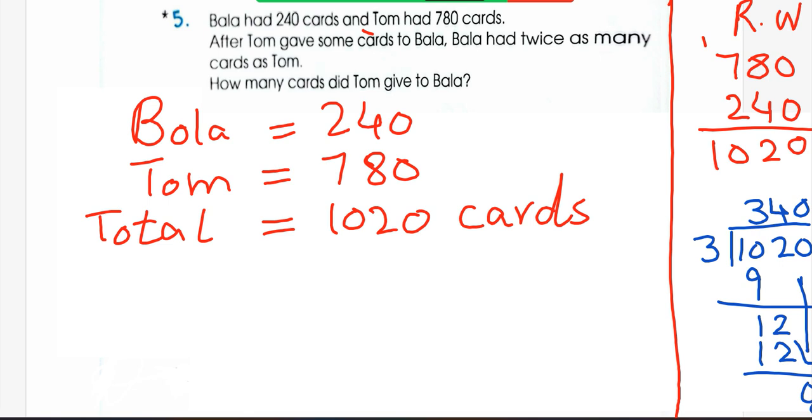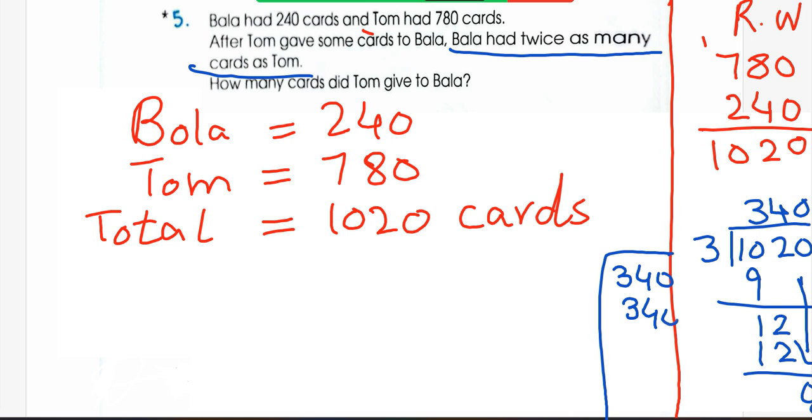Can I say that 340 if I write 2 times? Because they said that Bola had twice as many cards as Tom. What is the double of 340? Let's do it here. 340, 340. It will give us 680.